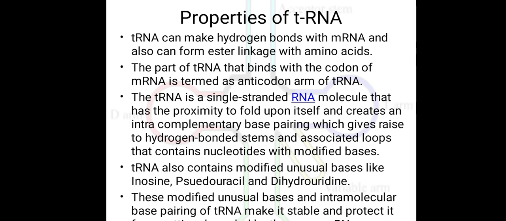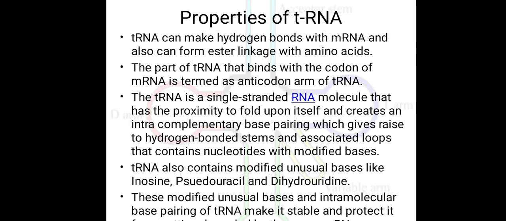The tRNA molecules also contain modified unusual bases. No doubt the common nitrogen bases are also present within this tRNA molecule like the other RNA molecules, that is uracil, adenine, guanine, cytosine. These normal nitrogen bases must be present within the transfer RNA molecule, but along with these normal bases there is also the presence of some unusual bases, for example inosine, then pseudouracil, then dihydrouridine.